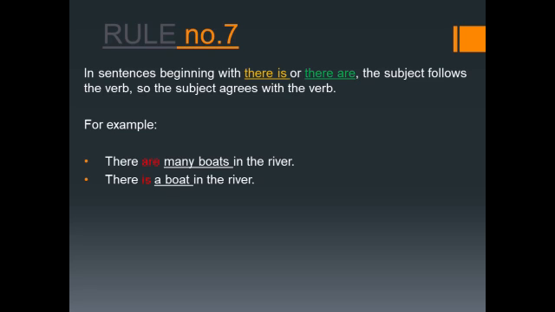The verb are agrees with the subject boats. In the second example, there is a boat in the river. Here, the singular verb is agrees with the singular subject boat.